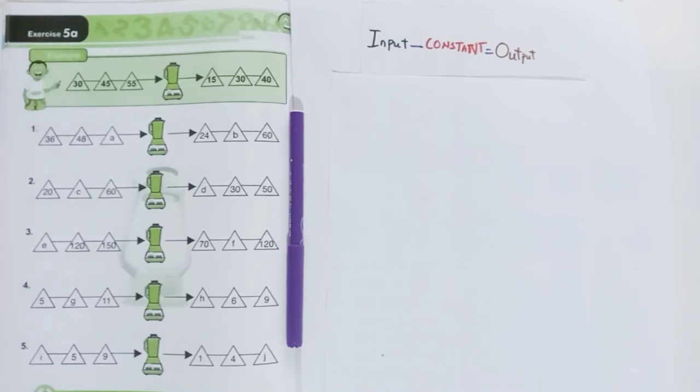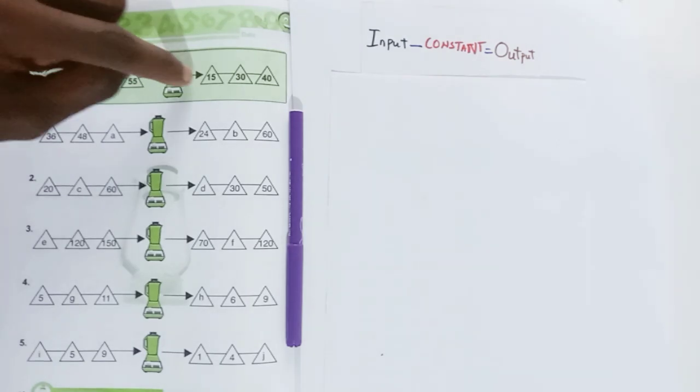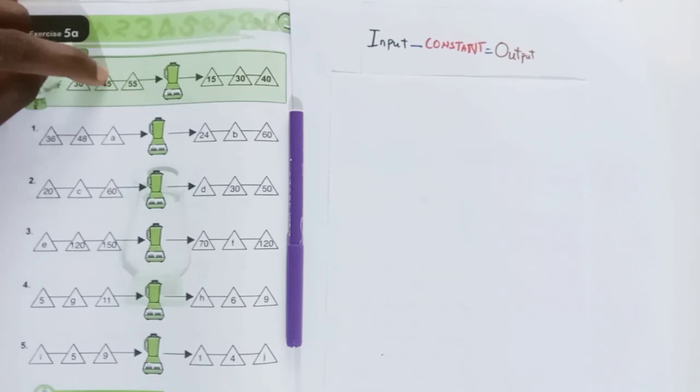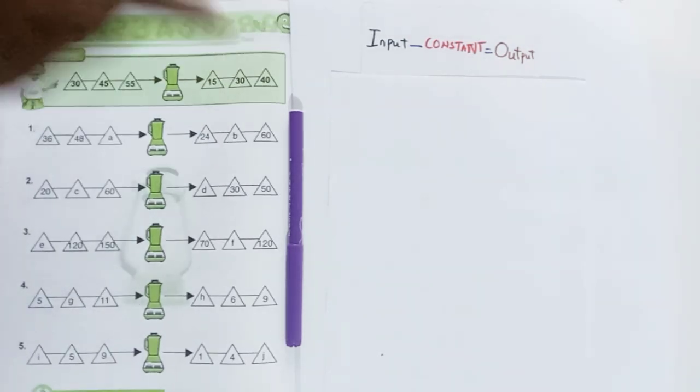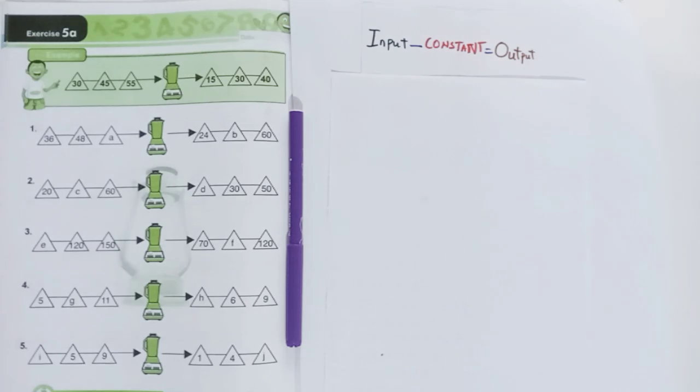So in order to get the output, we say 30 minus that constant 15 will give us 15. 45 minus that will give us 30. 55 minus 15 will give 40. So that's basically the pattern. In each case, we're going to be doing that.